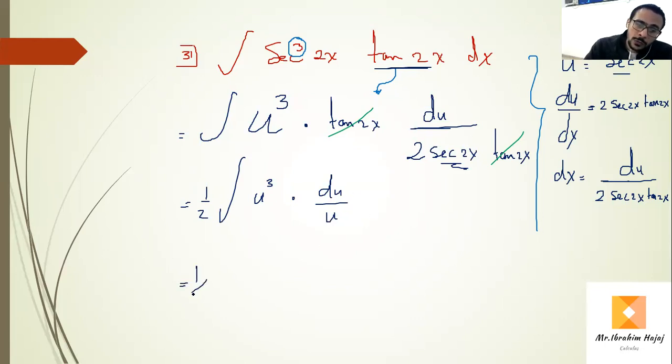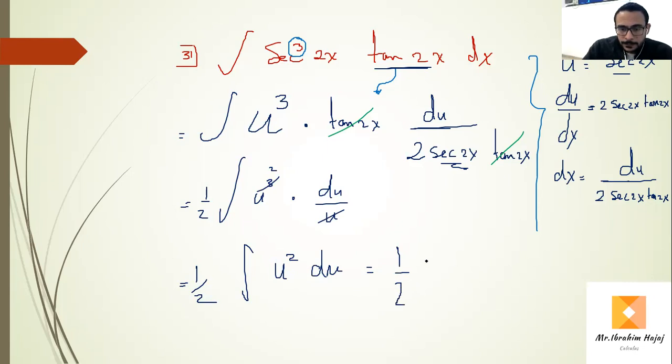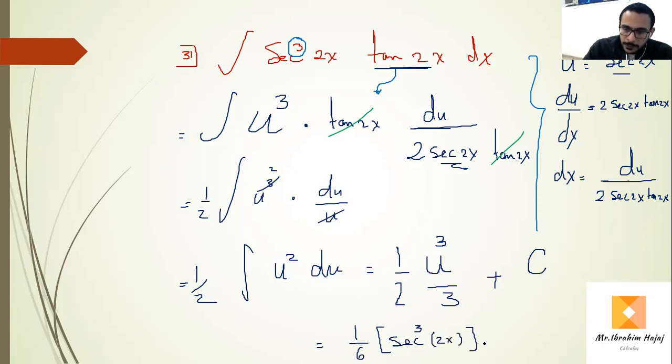So it equals 1/2 the integral of u cubed over u, which is u squared. Integrate: u cubed over 3, plus c. 1 over 3 and 1 over 2 is 1 over 6, and u is sec cubed over 3 of 2x plus c. Easy peasy.